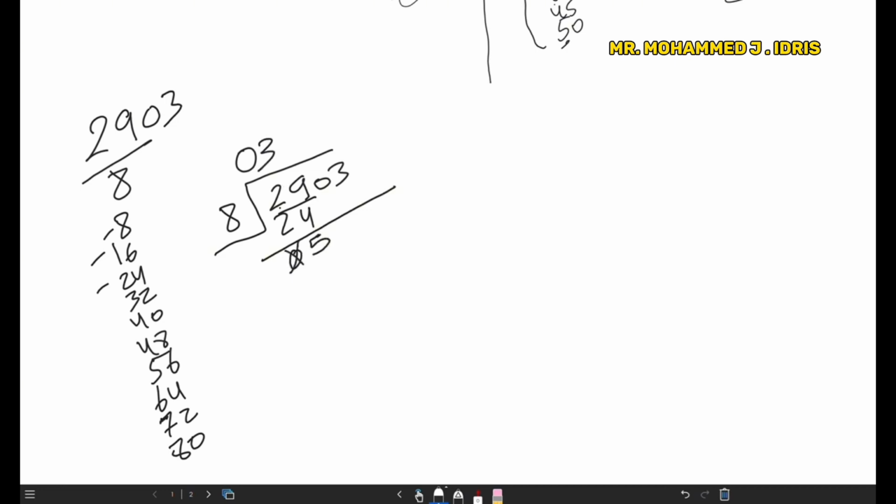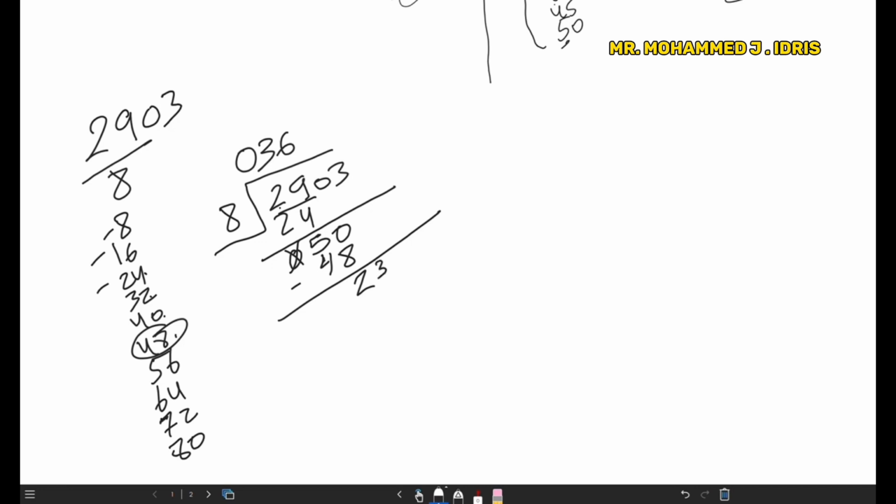Then, after I subtract, I get the next number down, which is 0. 50 divided by 8, the closest thing to 50 is 48, which comes from 6. Now again I subtract: 50 minus 48 is 2.